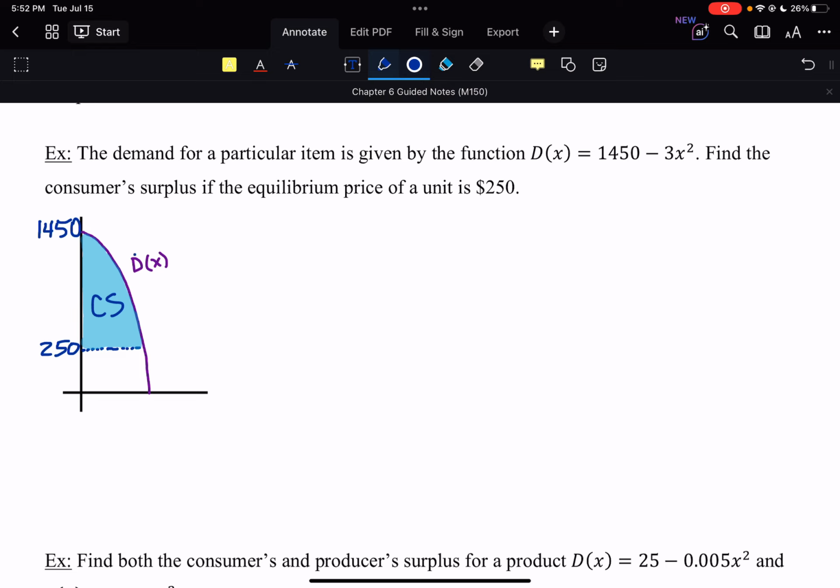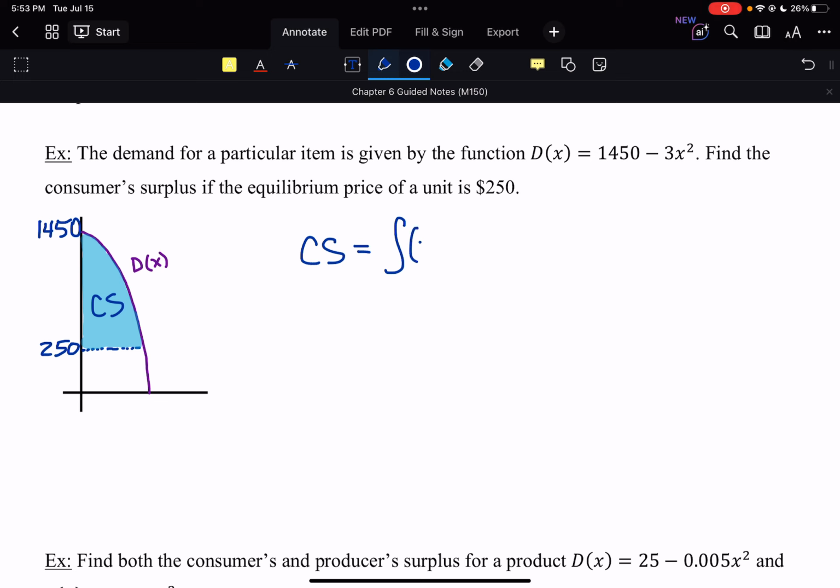In order to find the area here, we need to set up an integral. And this is not just an integral under the curve, it's an integral between this curve and this line. So we need to set this up.